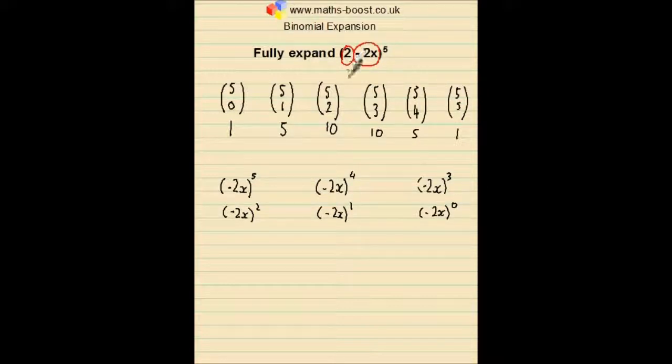I'll take the other term, put it in a bracket, but this time start from 0 and increase the power by 1 each time. And then I'll include the value of these combinations to each term.